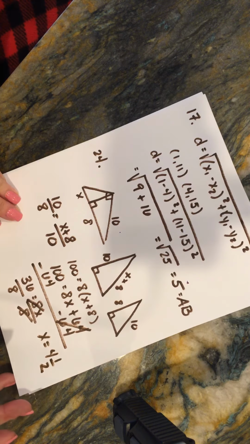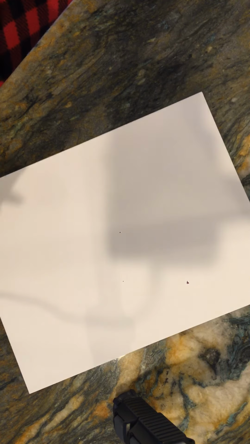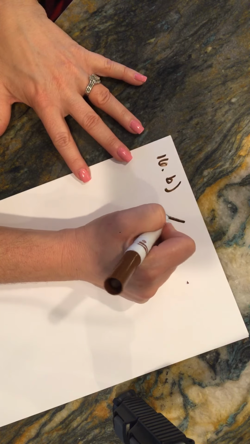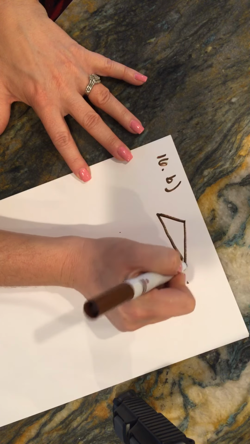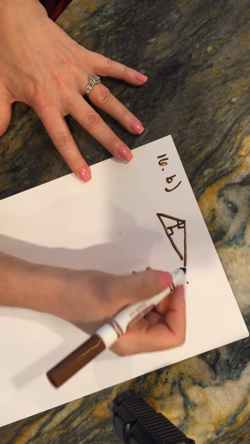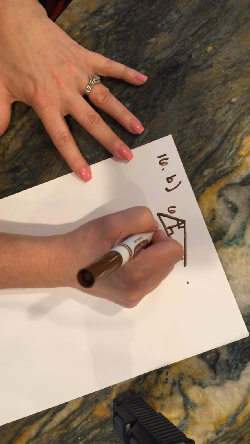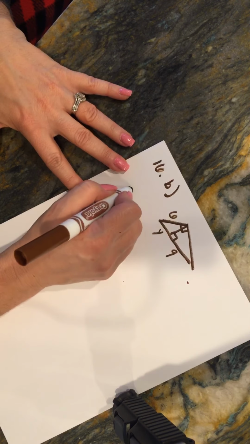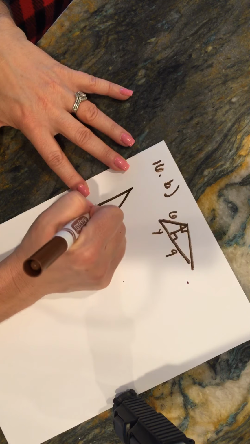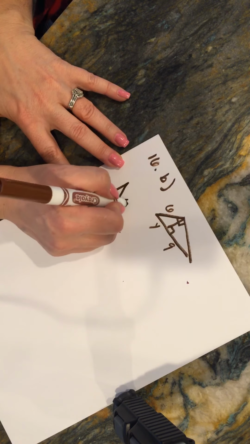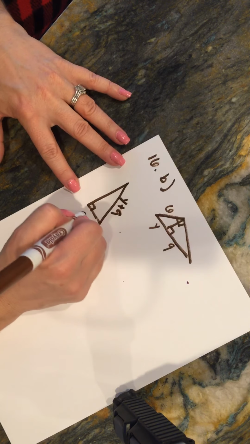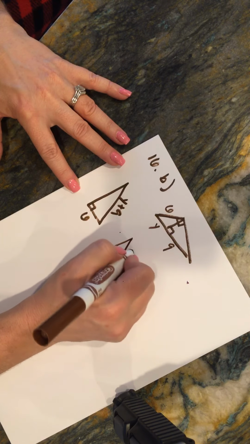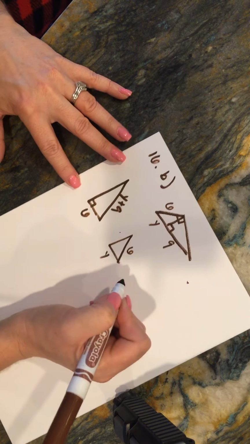Great. And then for B, they want us to find y. We've got the same right triangle with the same altitude. Now we know that this is 6, this is y, this is 9. So that's telling me large triangle, small triangle. In the large triangle, the hypotenuse is y plus 9, and the shorter leg is 6. In the small triangle, the hypotenuse is 6, the shorter leg is y.